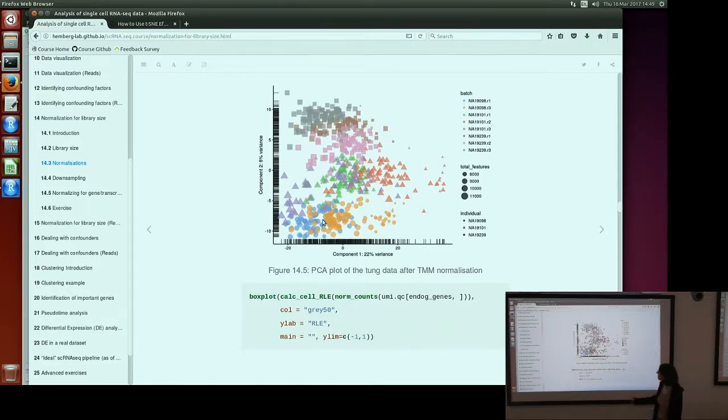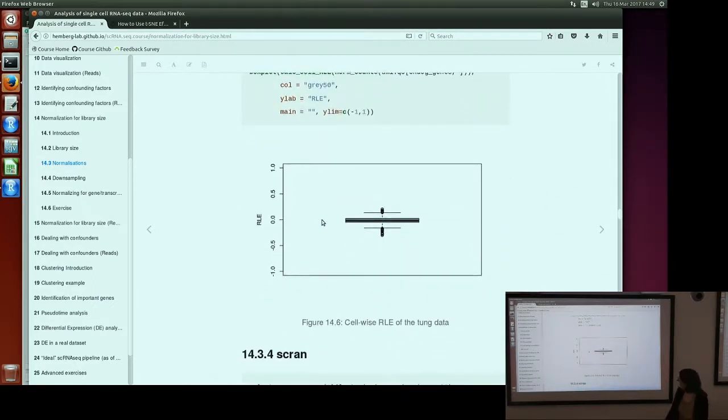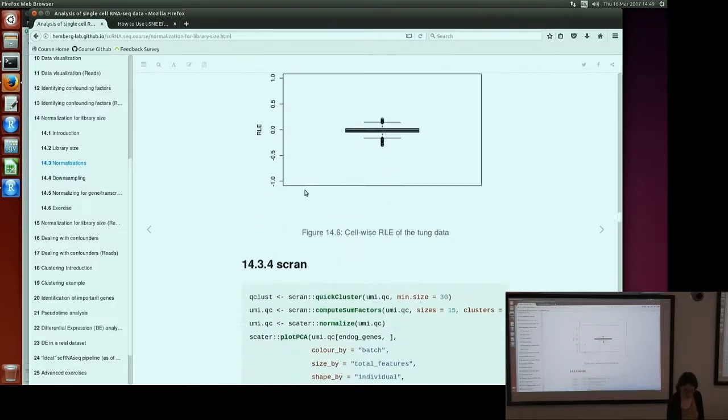But you can still see that each patient is sort of separating out individually, but there's still a lot of noise in there. And if you look at the RLE, again, there's lots of cells that have non-zero RLE values, showing that this method is not working as well as counts per million.